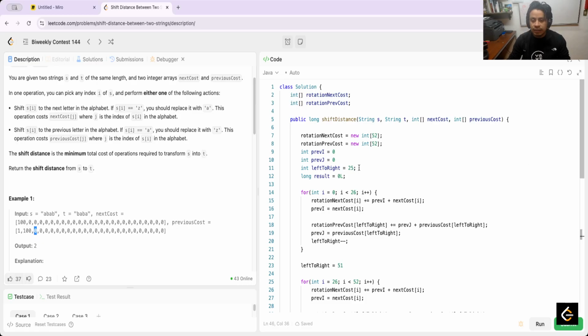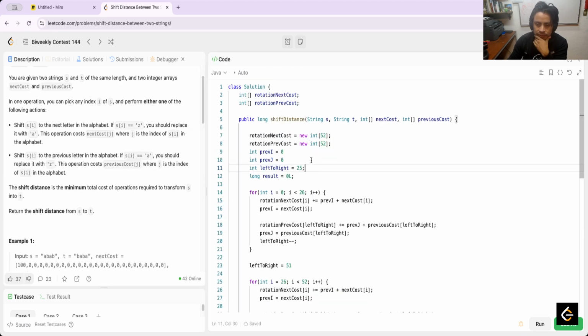Okay, let me try to remember. Yesterday I had this idea that contemplates where, for example, you are in the letter C and you need to reach the letter B. Obviously, you can come back one letter, but this is using the previous cost.